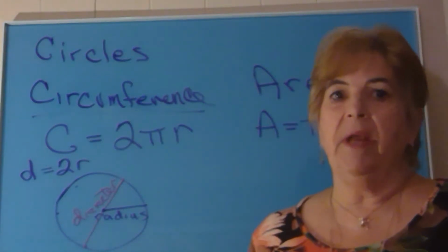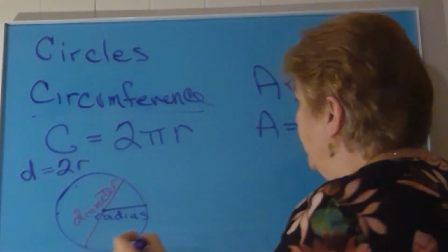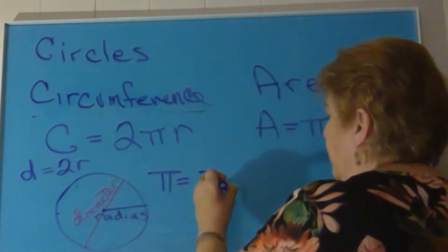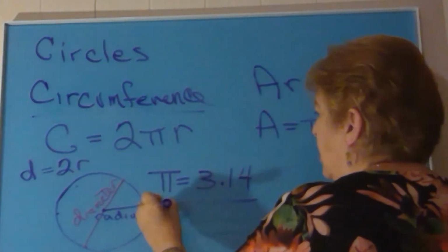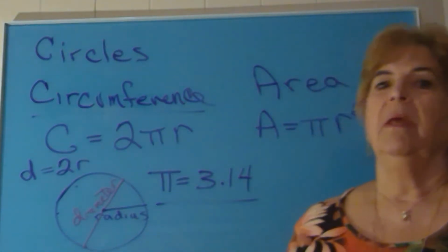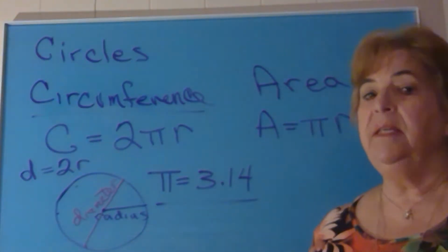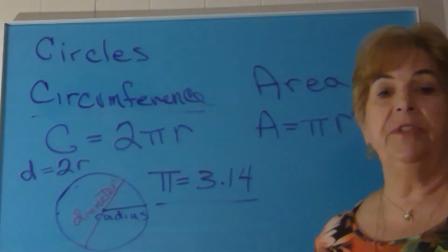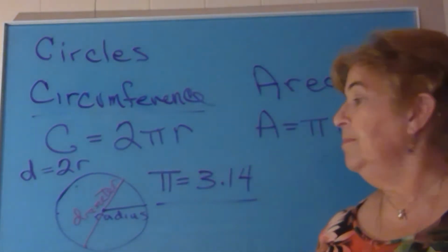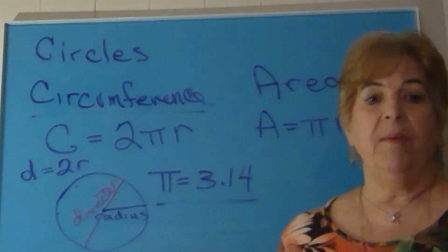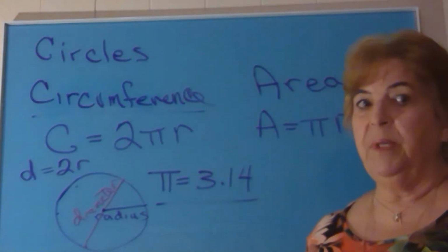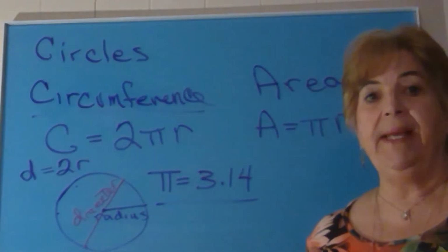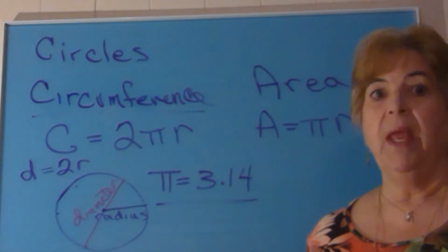In this unit, I am going to ask everyone to use 3.14 for pi. Now, that's not what pi is equal to, but it's an estimate to the nearest hundredth. I know that many of you that have Texas Instrument calculators, especially the graphing calculators, have a pi key on the calculator.